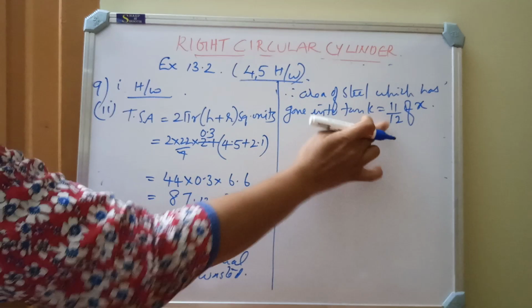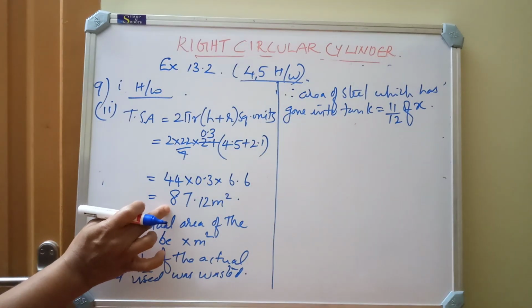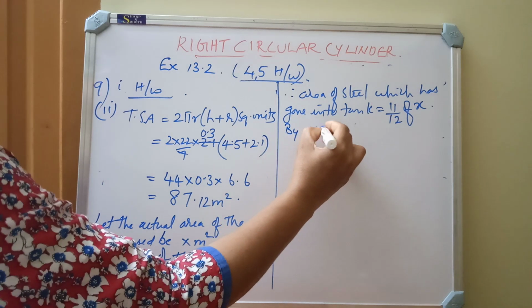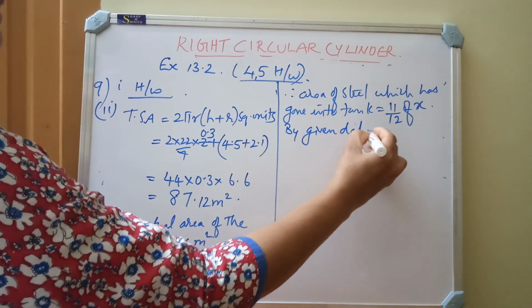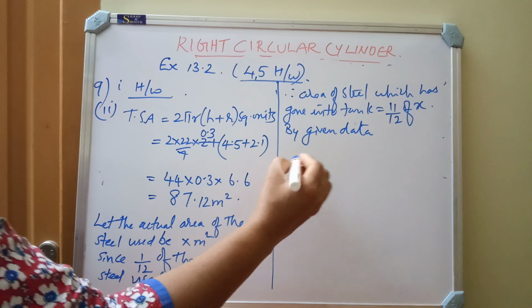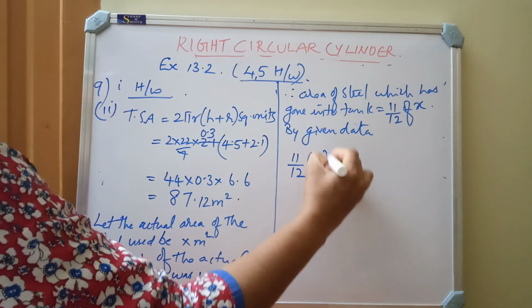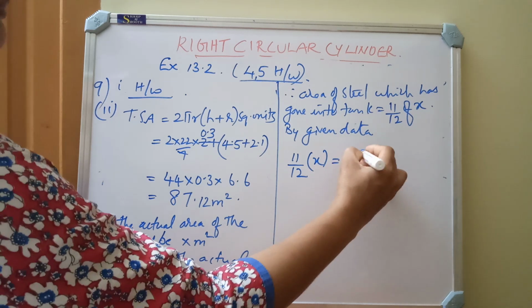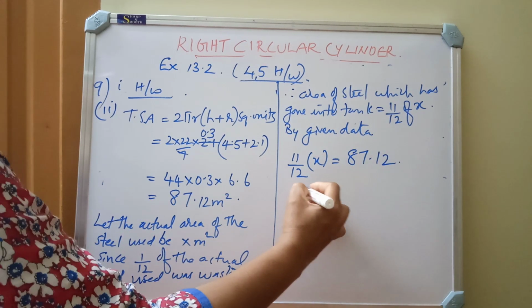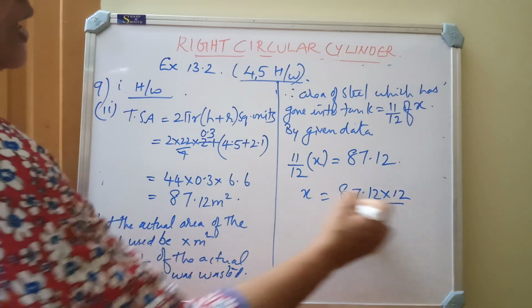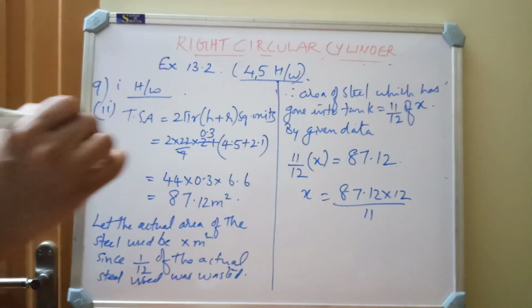This 11 by 12 of X is our total surface area. Okay. So, by the given data, we have to equate these two. That is, 11 by 12 of X is equal to 87.12. So, X is equal to 87.12 into 12 divided by 11.